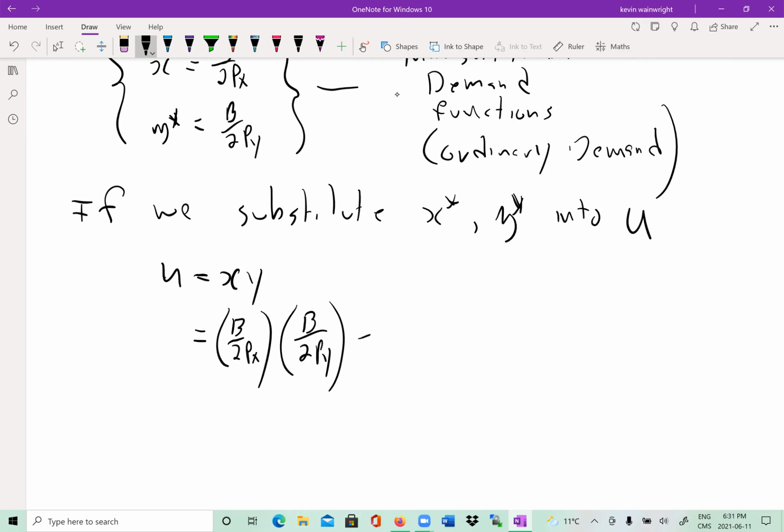And that whole thing is going to be B squared all over 4pxpy. And I'm going to call that V. And this is referred to as the indirect utility function.